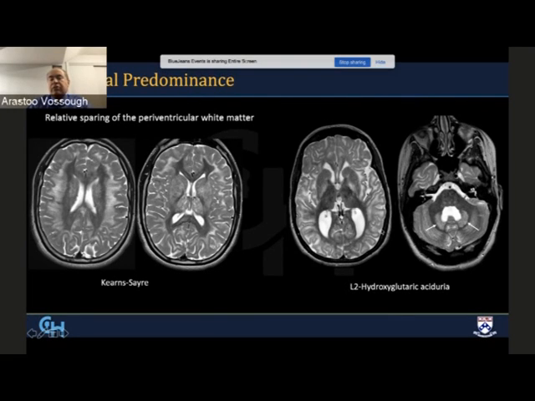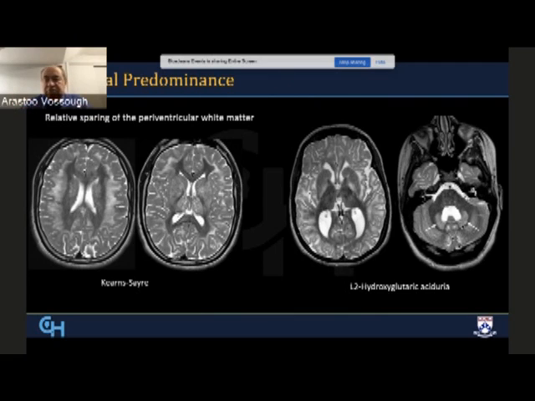The one on the right is L2-hydroxyglutaric aciduria, with relative sparing of the periventricular white matter. We do have basal ganglia changes and prominent dentate abnormalities as well, though again, dentate involvement.